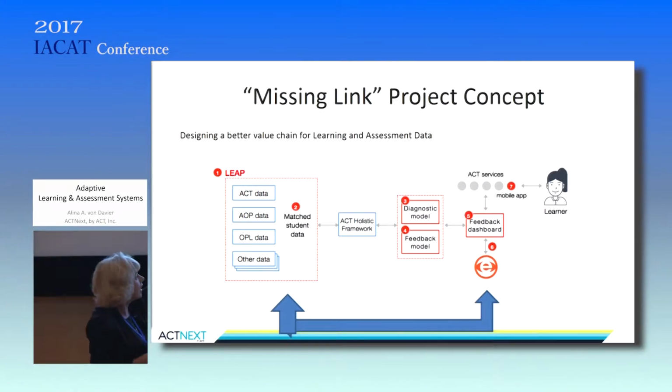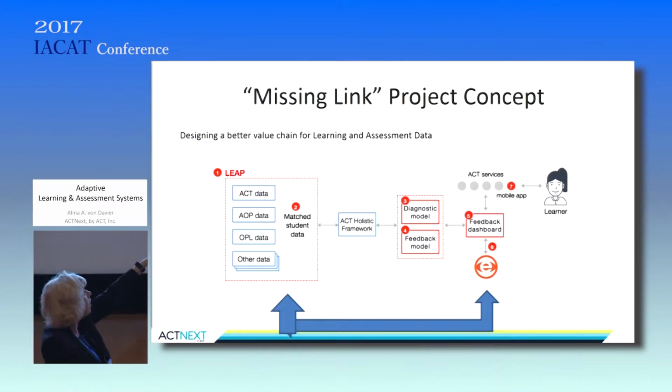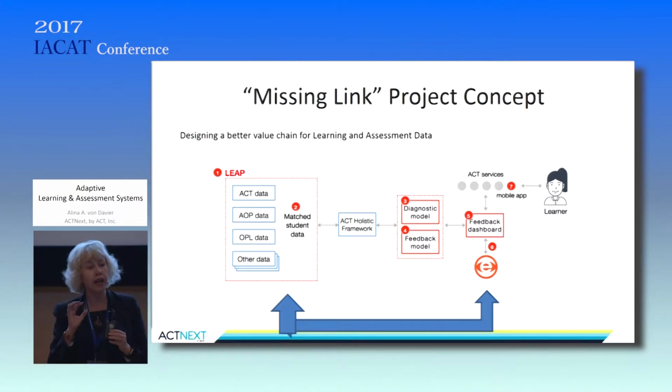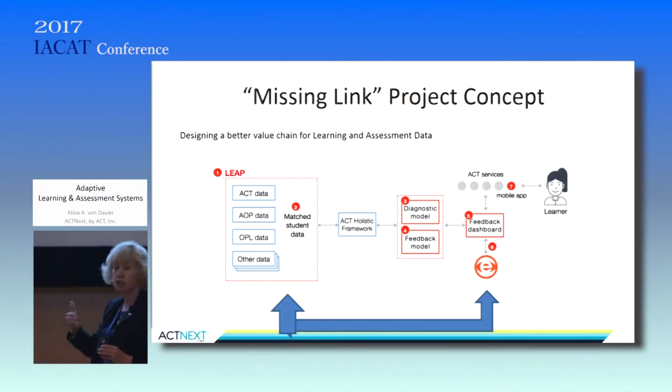Then on this side, we have part of the elements of what ACT Next is doing at the moment in my team. We work on developing diagnostic models and feedback models. So the way we do that, we develop diagnostic models in the traditional psychometric way, using the cross-sectional data.